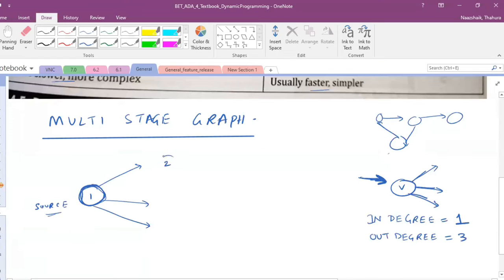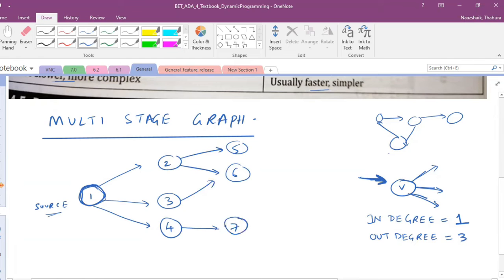And then say you have some vertices, from which you will get a few other edges, right? And then finally, all of them terminate towards a destination vertex.